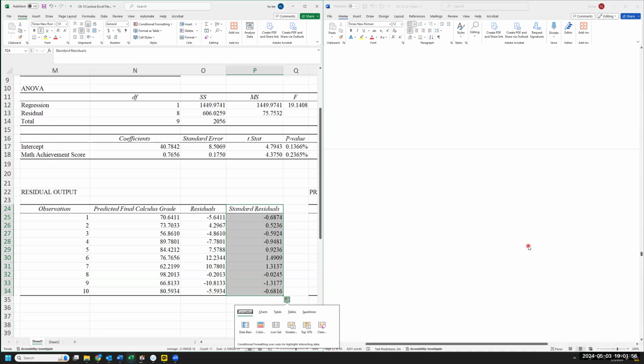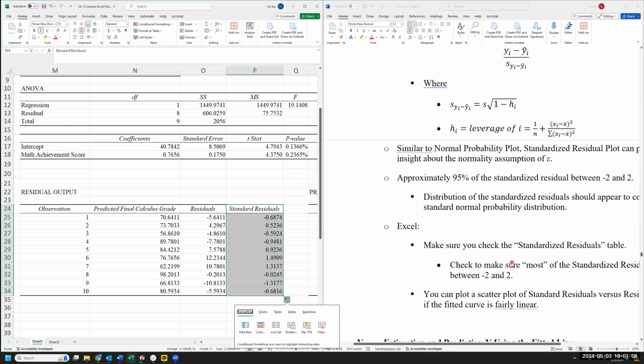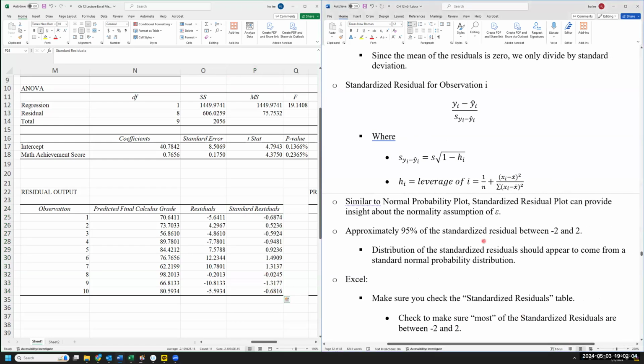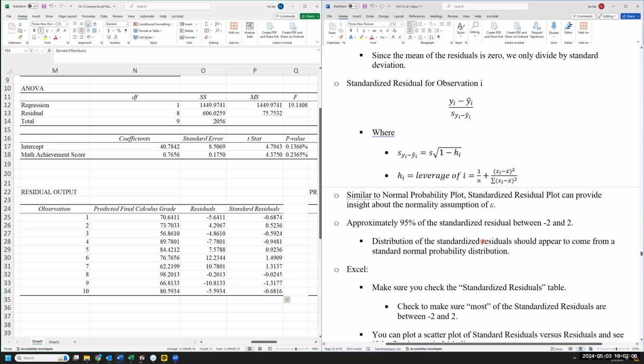Now, I'm not going to test you on how to calculate this, but what I want you to come away from this is the following. The standardized residuals, approximately 95% of them should be between -2 and 2. Then the normal distribution assumption is likely not violated.